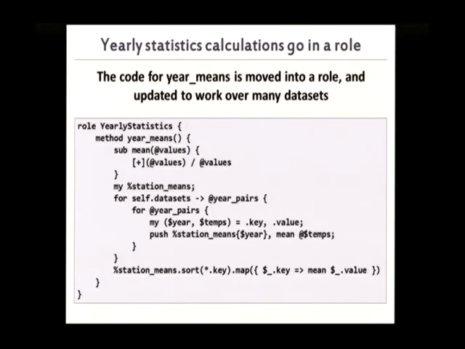Years is the keys of the hash and a list of temperatures and what have you. And then all I need to do is move this over. Okay.